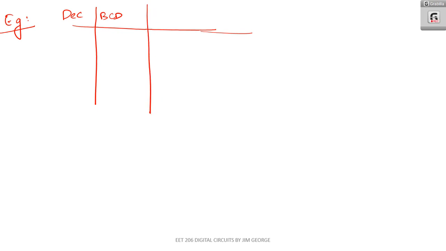So an example. I'll give a decimal number and the corresponding BCD code. You need to find decimal plus 3 and the Excess-3 code. So 0 is 0000. Decimal plus 3 is 3.